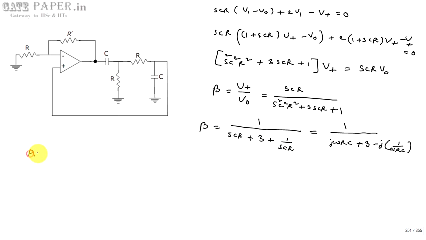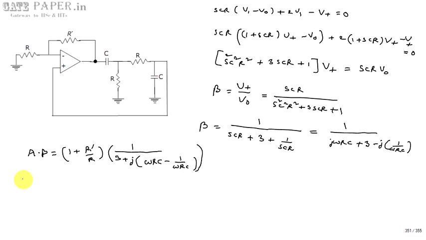And now we are going to calculate A beta. A beta is (1 plus R dash by R) into 1 by (3 plus J times (omega RC minus 1 by omega RC)). So this is the final equation of the loop gain.